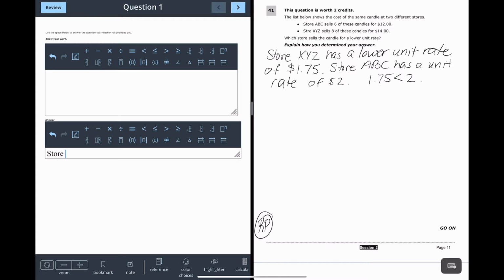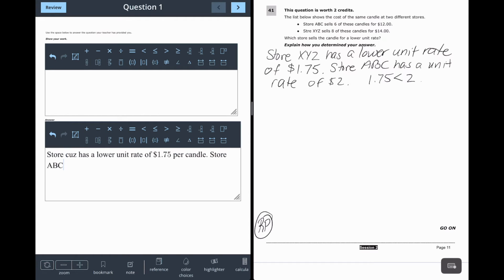You would literally type in store XYZ has a lower unit rate of $1.75 per candle. Store ABC, I just realized something, my autocorrect, so check that, XYZ.